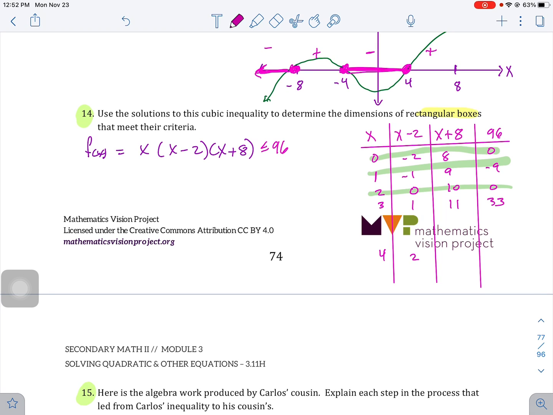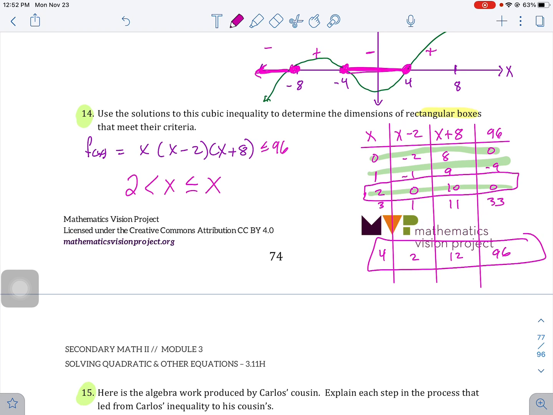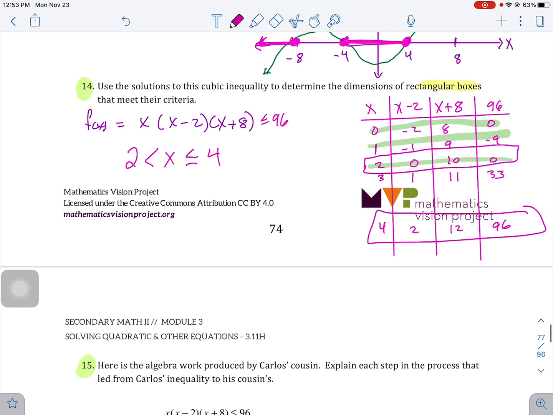So 4, 2, 12, right? And this actually is equal to 96. So this would be the highest possible value where x is equal to 4. We also know that this one, when x is equal to 2, is too low. So therefore, 2 is going to be less than x, which is going to be less than or equal to 4, which we can see on there.